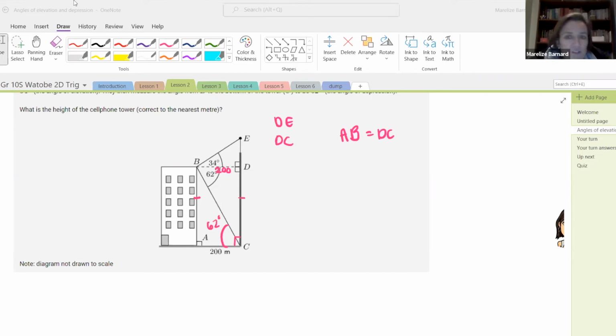Okay, so we've got an answer so far for AB. Well done, Sandisile. Keep going. Let's see if you can find ED as well, and then the full height of the tower.